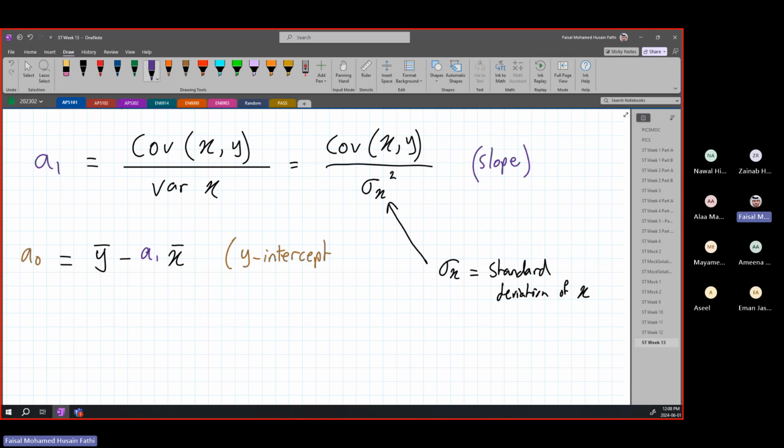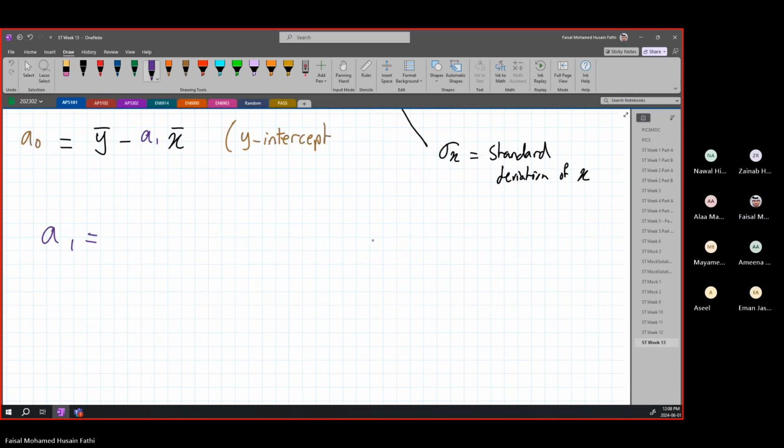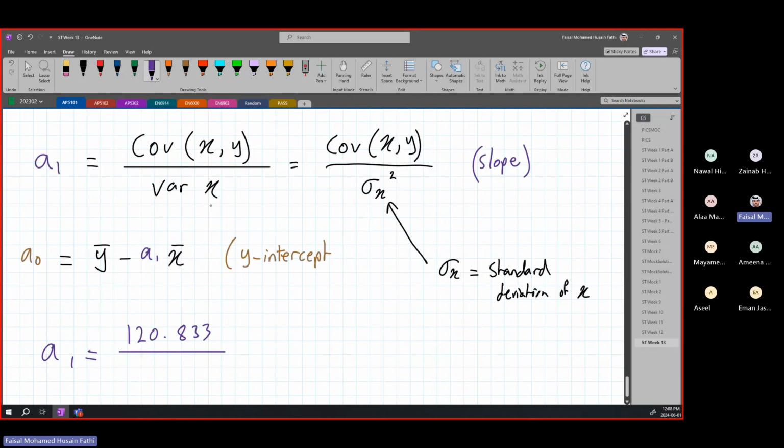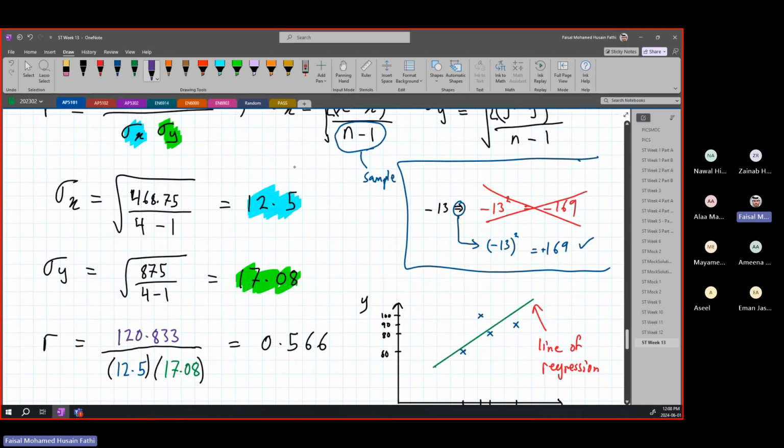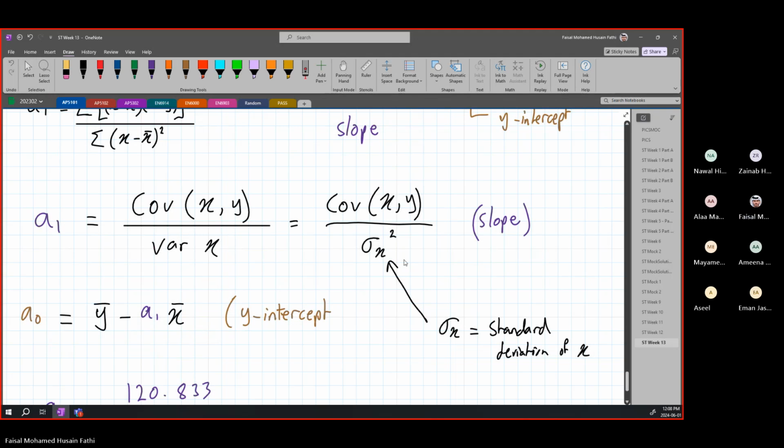So a1 is going to be equal to, our covariance was 120.833, divided by our variance for x. So in other words, this is our standard deviation, which is 12.5, squared. 12.5 squared, sigma x squared.